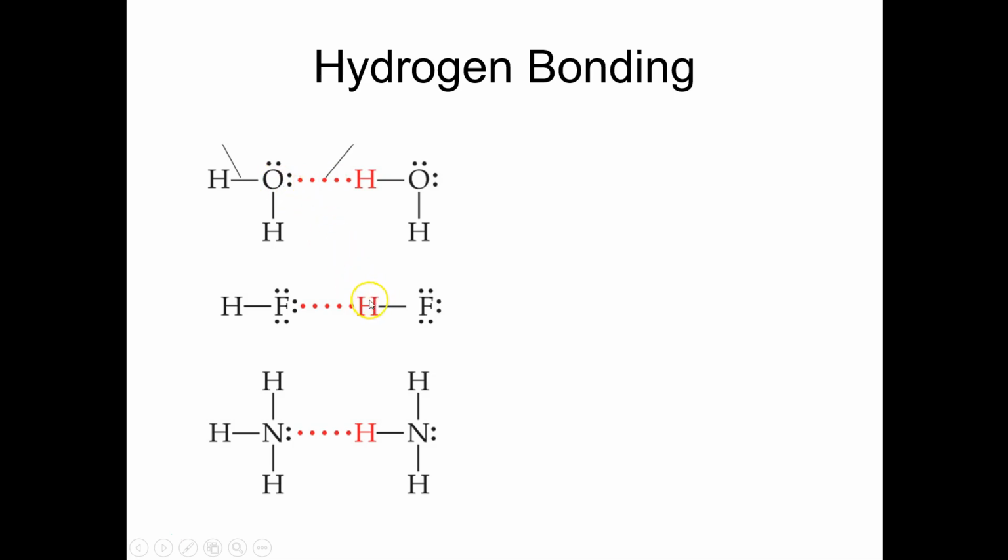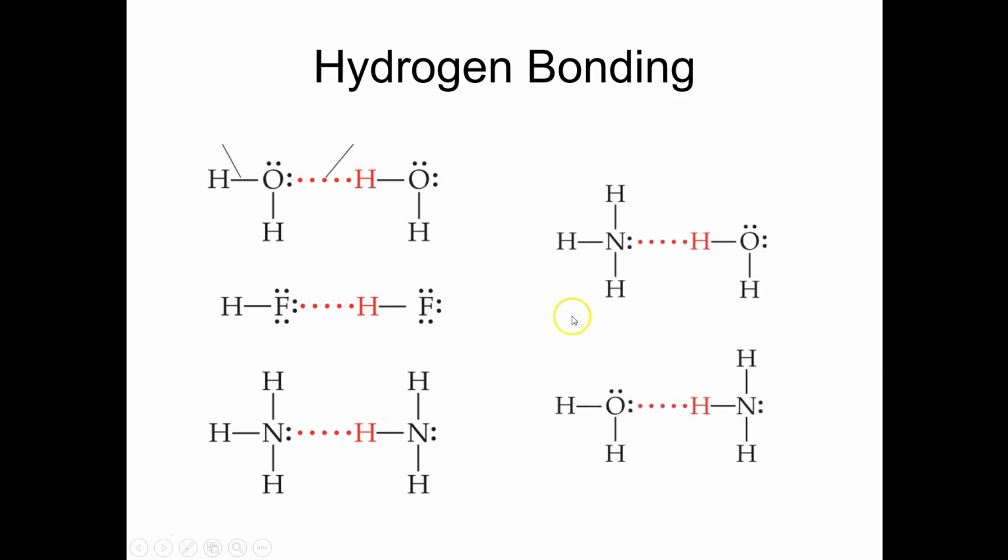You can get hydrogen bonding between hydrogen fluoride molecules. You can get hydrogen bonding between ammonia molecules. The other thing you'll see, and this is really what happens, say, for example, in the hydrogen bonding that occurs in nucleic acids, is you can get hydrogen bonding between two different types of molecules.